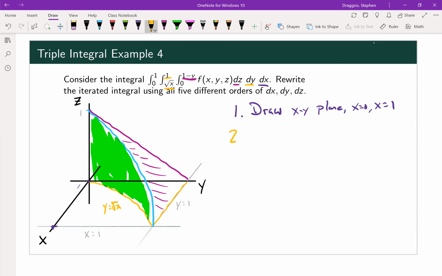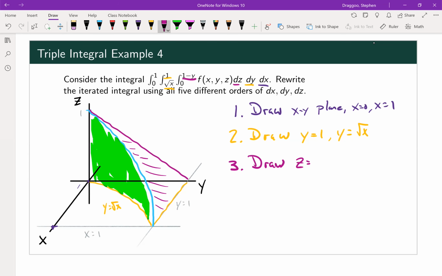The second step, I drew out the lines that were inside the middle integral. So we wanted to draw y equals 1 and y equals square root x. Which means that step 3, I wanted to draw out my final integral piece.